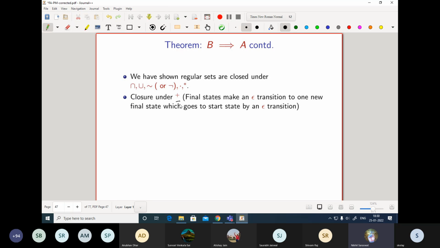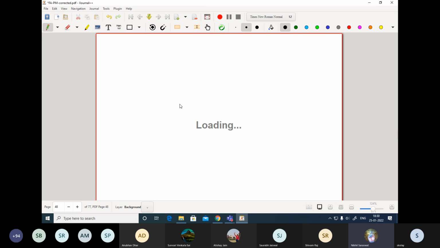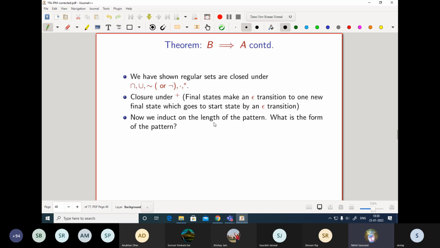You have to use epsilon transition, not very difficult. So now we will be inducting on the length of the pattern and trying to show that any pattern will have a corresponding DFA, a corresponding finite automata, such that the language matching that pattern is a regular set.